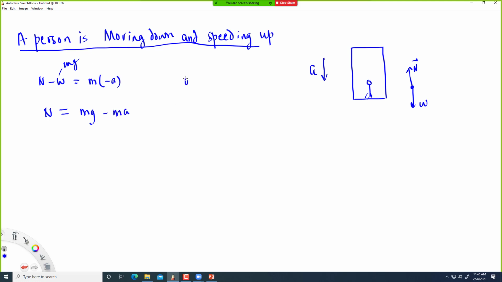Actual weight is mg, so you are subtracting this thing from actual weight. That means this should be less than the actual weight. So it will feel lighter. It's like riding a roller coaster. When the roller coaster goes downhill, you feel lighter, right?